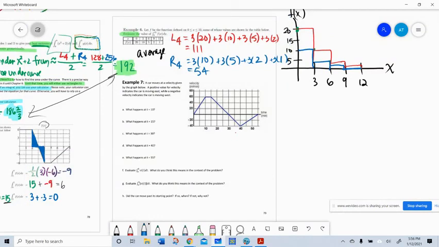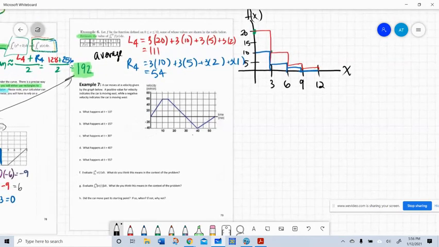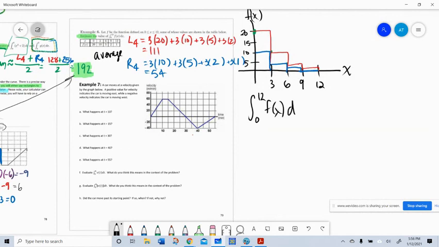And so when I compute my average of the two, I am computing the integral from 0 to 12 of f of x dx, and I'm going to say that that is approximately equal to L4 plus R4 divided by 2.